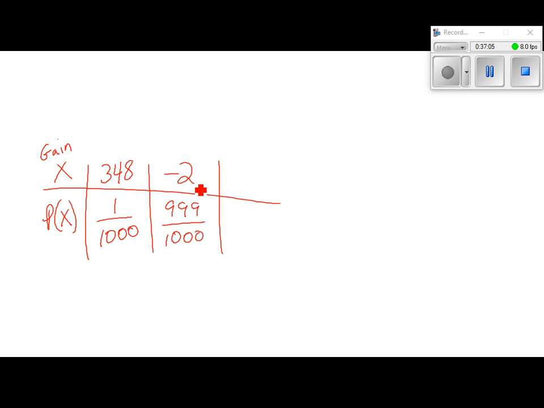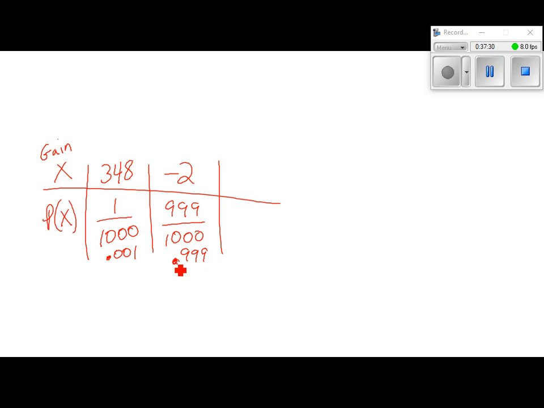If we put those into our list on our calculator, we could do it, or it might just be easier to do the chart for this one. If you put those in your list, this is .001, this is .999.